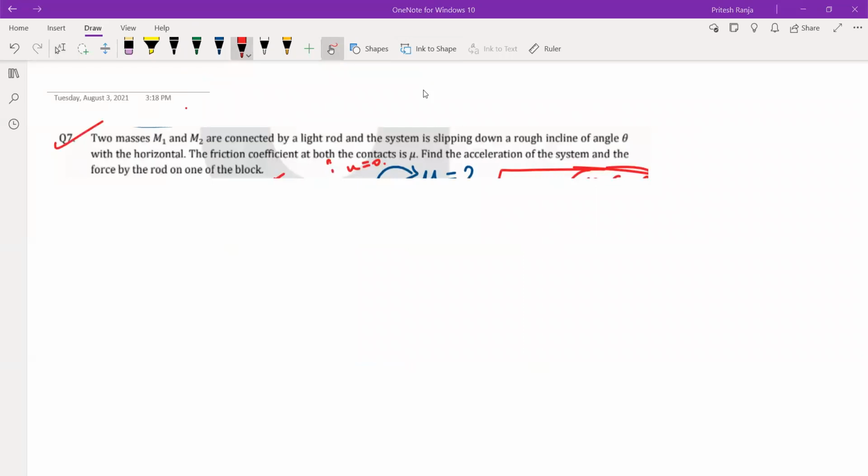Then we will see the last exercise homework question. Those who are done should mark here.